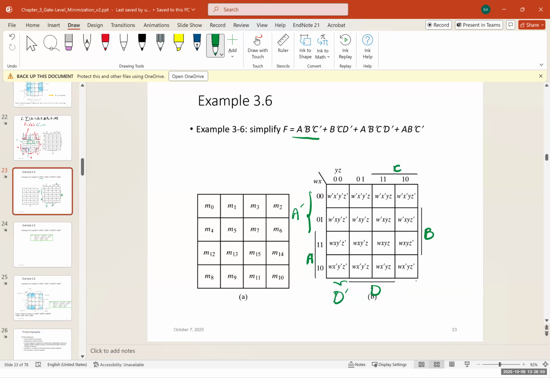These two are D primes. These two are B primes. And these two are C primes.